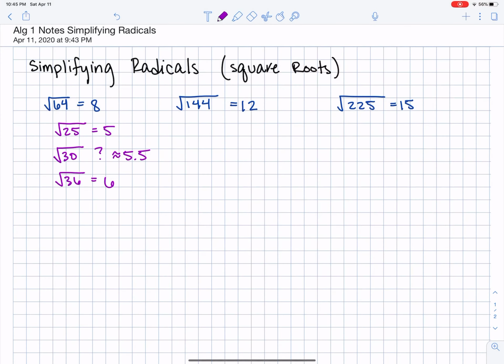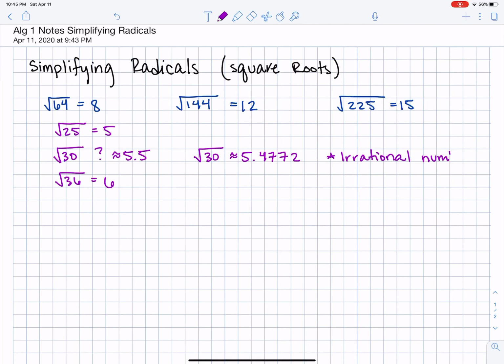So I'm going to say the square root of 30 is approximately equal to 5.4772, and this is what I'm going to call an irrational number. You might have heard this term before, something like pi, where these numbers don't really end. They keep going and they keep going and they keep going.